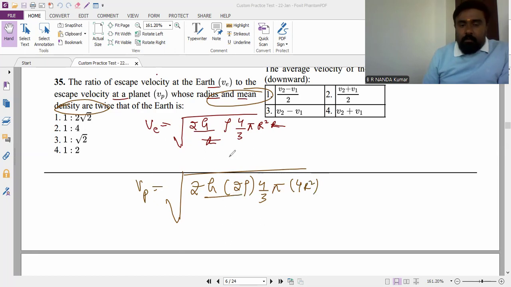Now the 2 and root 2, 4 and root 2 give 2 root 2, remaining is V. So we want V by VP. V by VP is 1 divided by 2 root 2. The right answer is the first option.